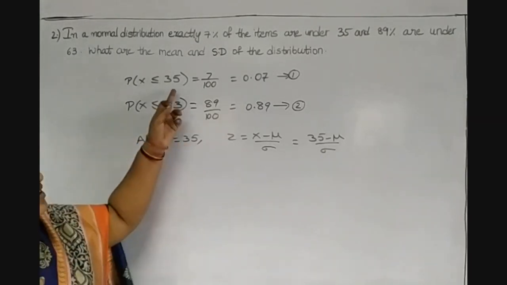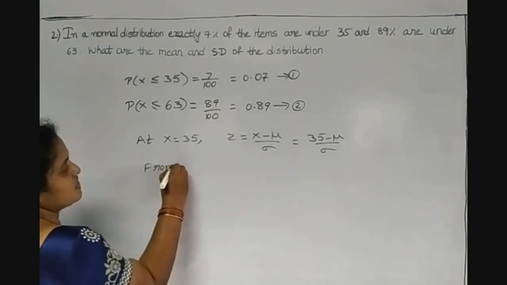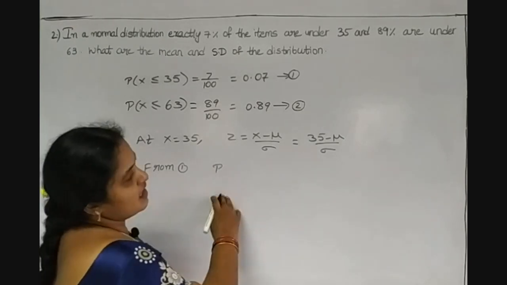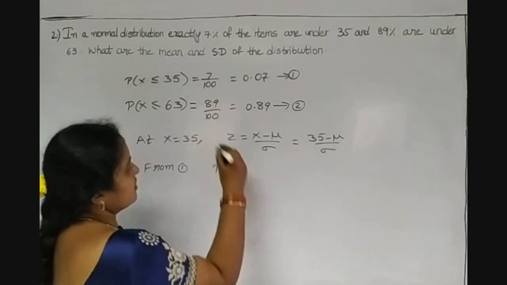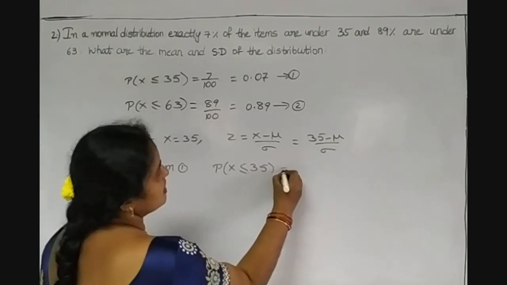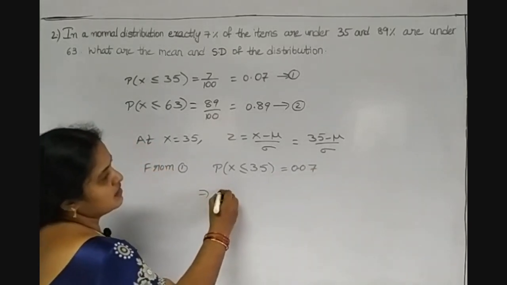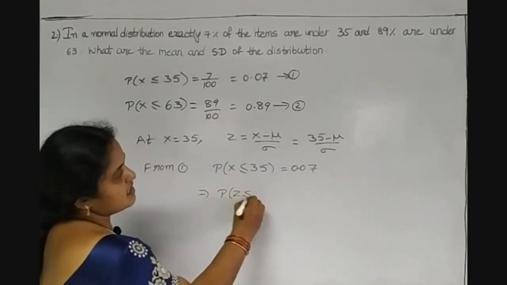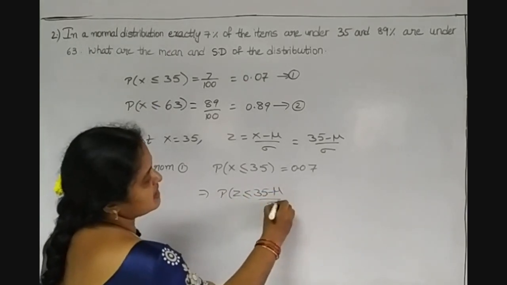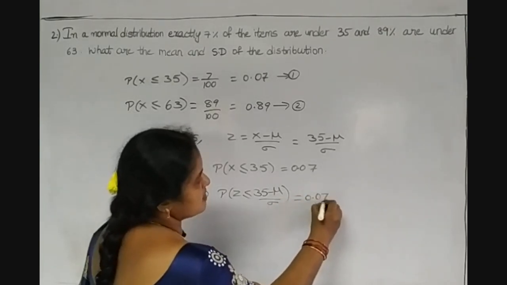Next, from equation 1, we will write P of X less than or equal to 35, which is equal to 0.07. So this implies that P of Z is less than or equal to 35 minus mu divided by sigma, which is equal to 0.07.